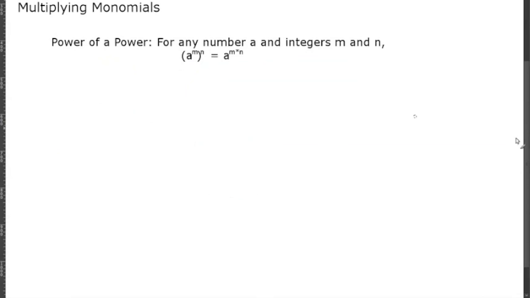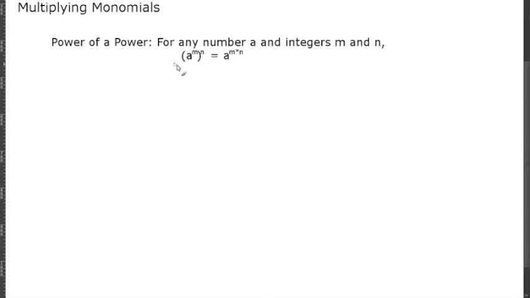One more important rule is the power of a power. That says that for any number a and integers m and n, a to the m to the n, so this term a to the m is getting raised again to the n, is equal to a to the m times n.